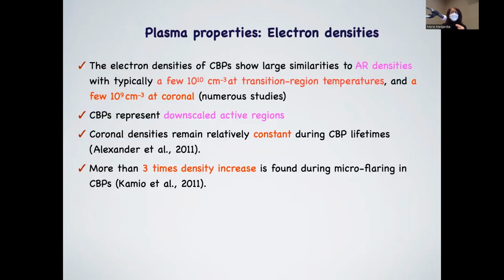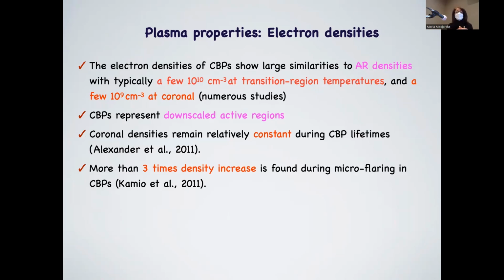Electron density. A lot of studies have been done about the electron density, and typically spectroscopic data are used with the line ratio of spectral lines of the same ion. And it has been found that the electron density of this loop system is very similar to active region density: 10 to the 10th in the transition region, so up to 500,000 degree plasma, and 10 to the 9th at coronal temperature, 1 million degrees.